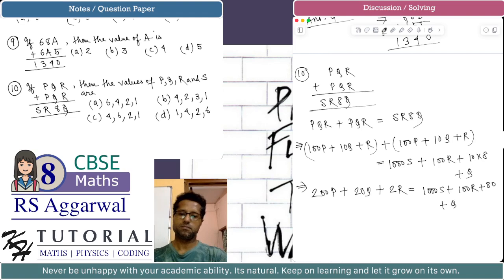So P equals 5s. Now Q equals to 4, twice R. R equals to 7. No.